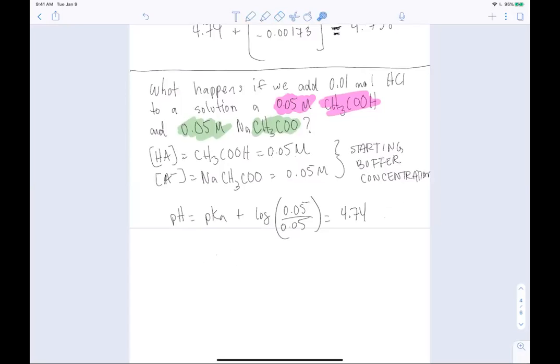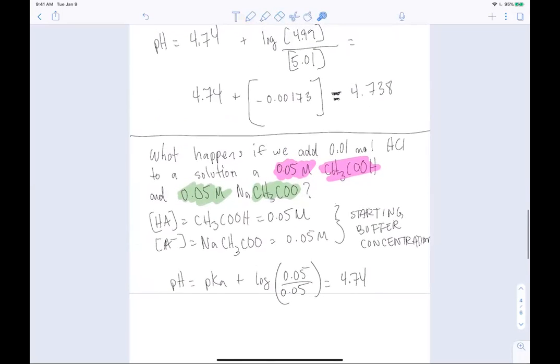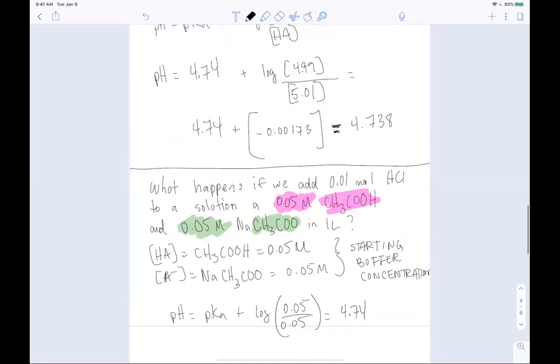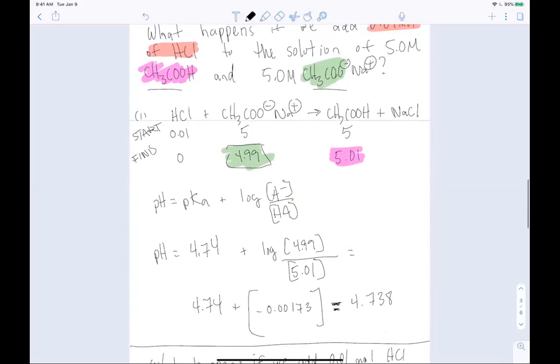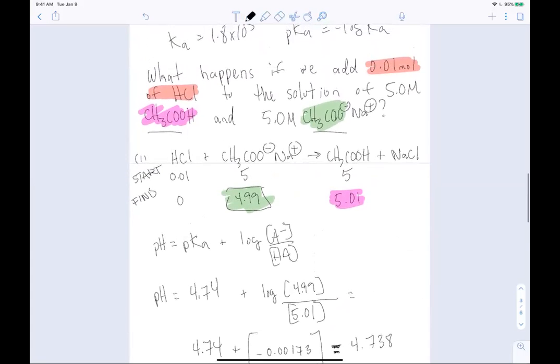All right, let's look at this problem instead. So instead of saying what happens if we have 5 molar acetic acid and 5 molar acetate, now all I've done is, yeah, this is happening in 1 liter. So up here, we have 5 molar and 5 molar.